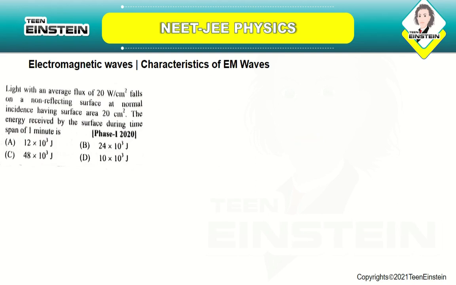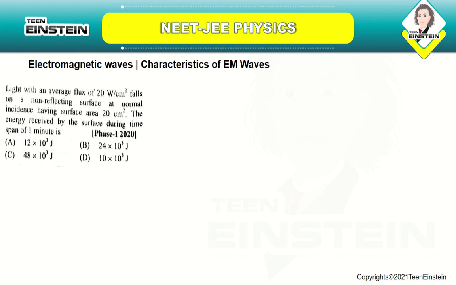So here they want us to find out the energy received by the surface during the time span of 1 minute. The options are 12 into 10^3, 24 into 10^3, 48 into 10^3 and 10 into 10^3.